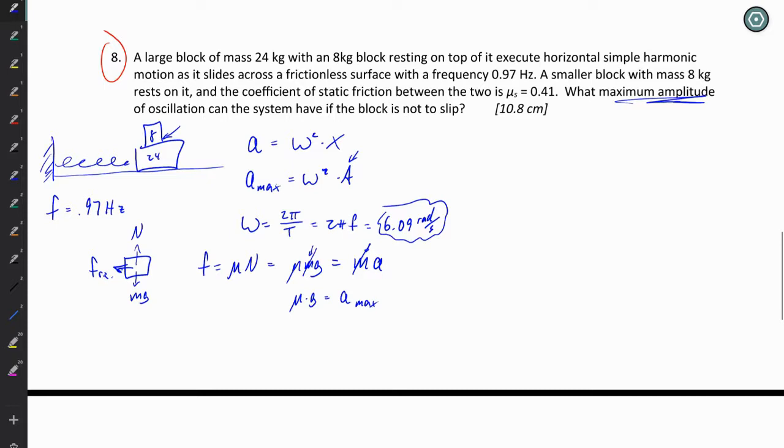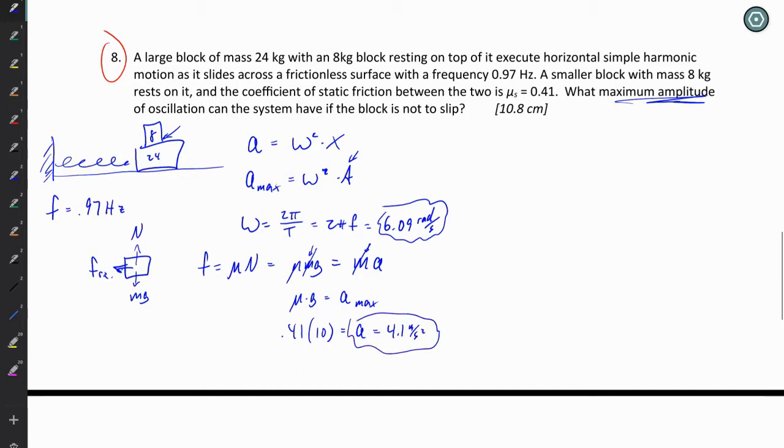The maximum acceleration that this thing can withstand can't exceed the frictional force. Can't exceed the force that friction could provide, or can't exceed the acceleration that the friction could provide. So mu is 0.41 times g, which is 10, gives us a maximum acceleration of 4.1 meters per second squared.